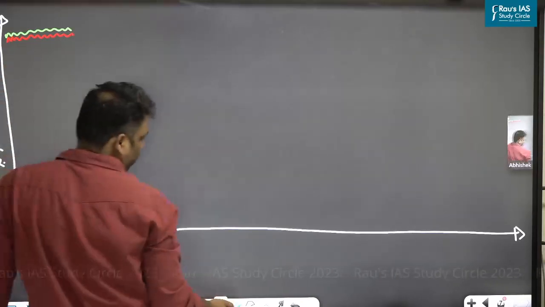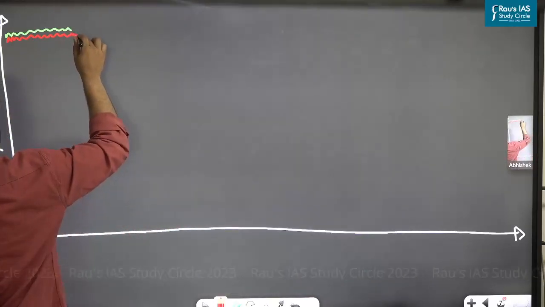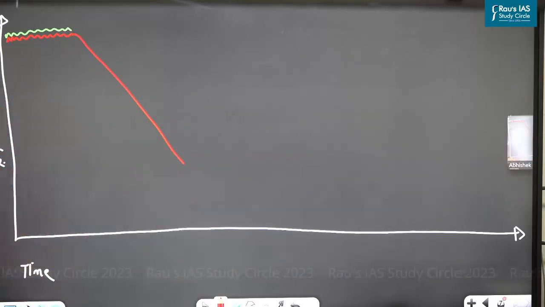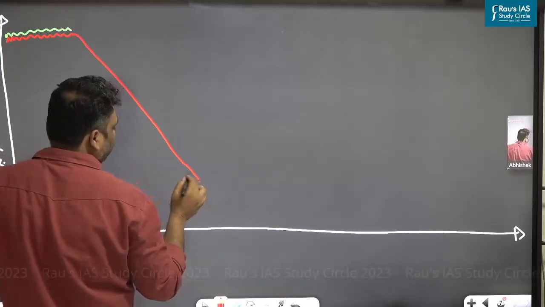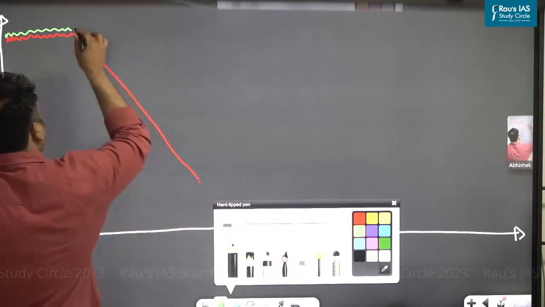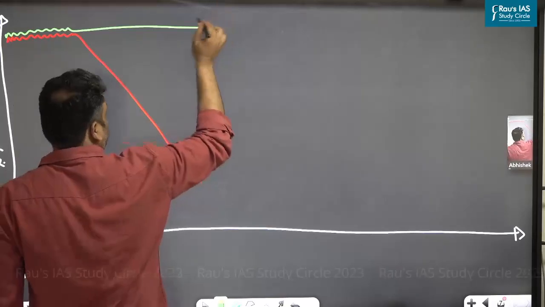Then afterwards, what will happen? The death rate will keep falling. Why will it fall? It will fall because of the availability of food, reduction of famines, reduction of war. And birth rate will be still high, but it will not fluctuate further.